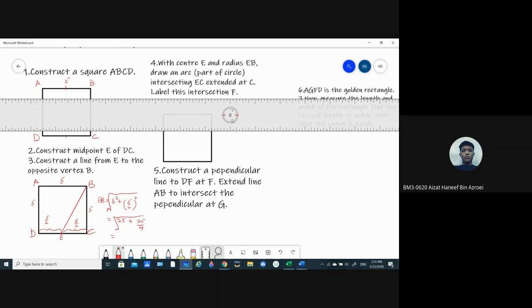If I solve this, what do I get? 5.59. Or in fractions, this will be the square root of 100/4 plus 25/4, right? So this will be the square root of 125/4, which is equal to the square root of 125 over 2.